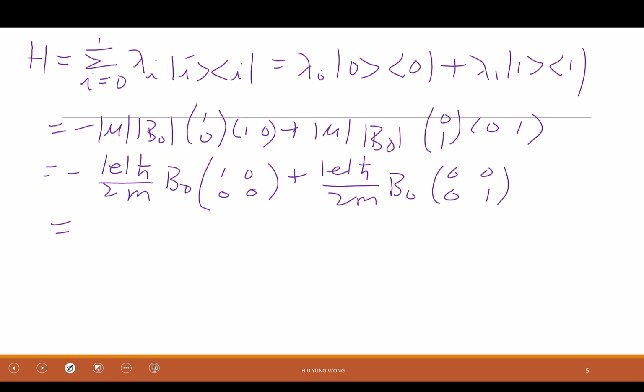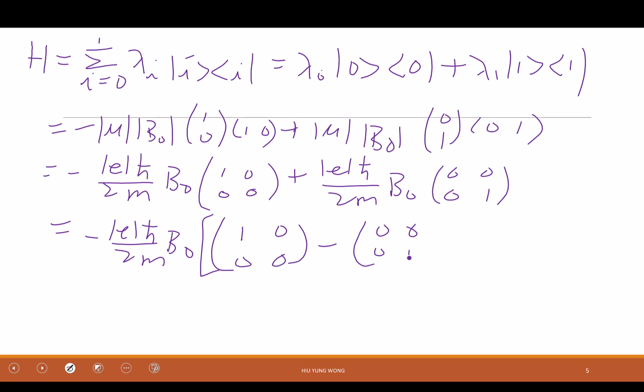And basically, I'm going to take this whole thing out. It becomes negative e h bar divided by 2m B0. Then this whole thing becomes 1, 0. Maybe let me do one more step so that you can follow. Because this is positive, I take the negative out, and this becomes negative, right?